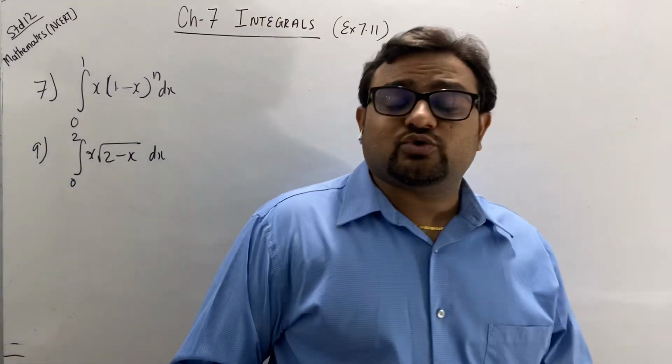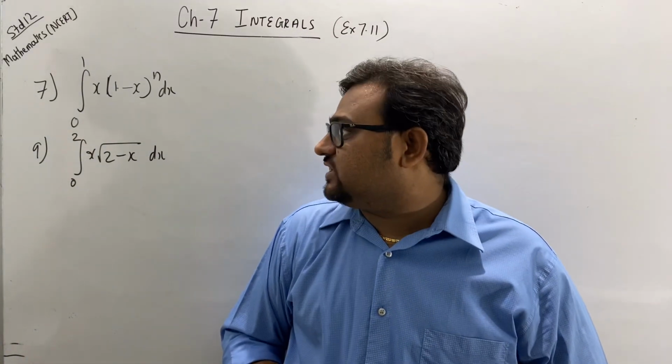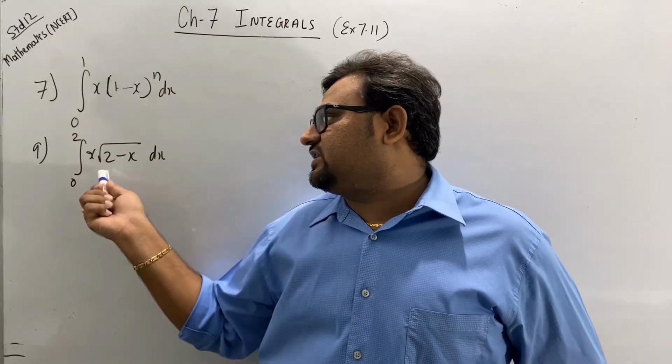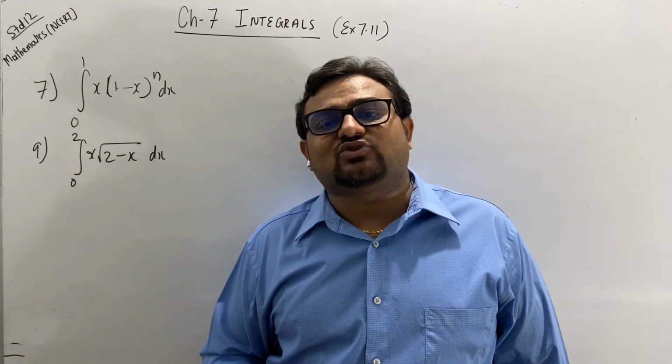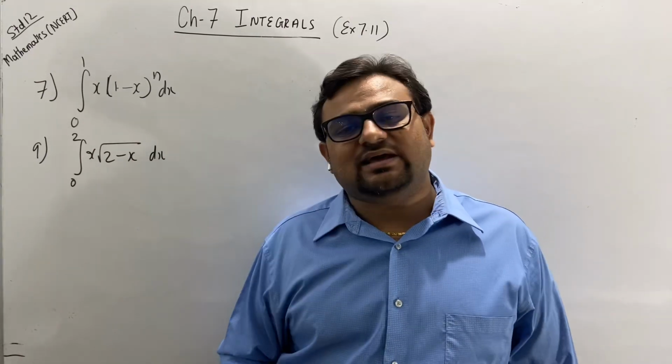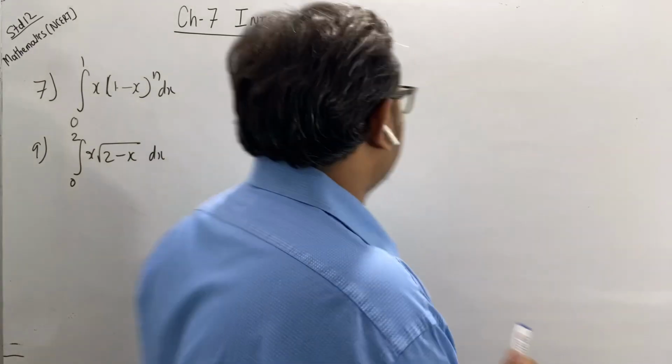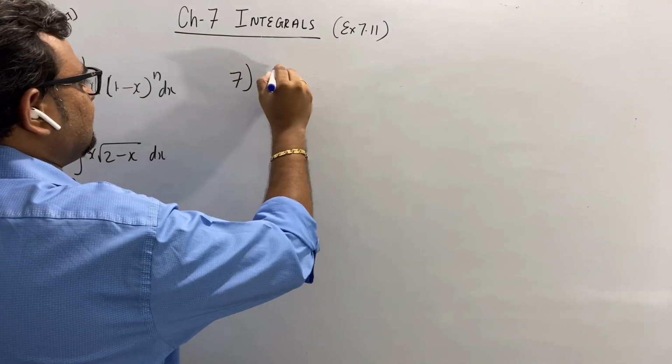Here the power is n, here the power is 1 by 2. Clear? So I will solve only one. I will solve the seventh one, and the ninth I will give you for yourself. So let's solve question 7.